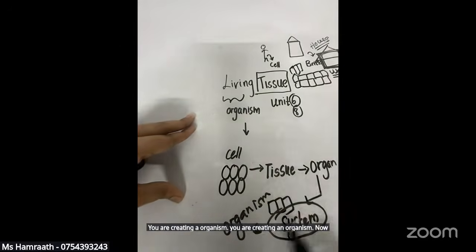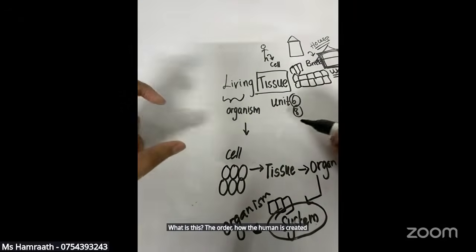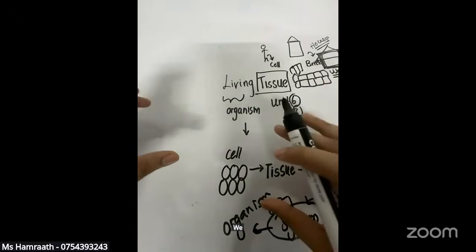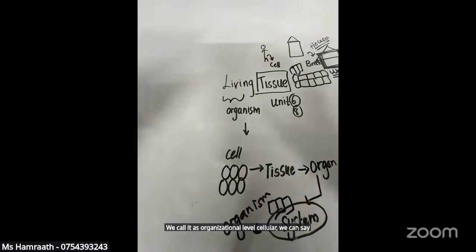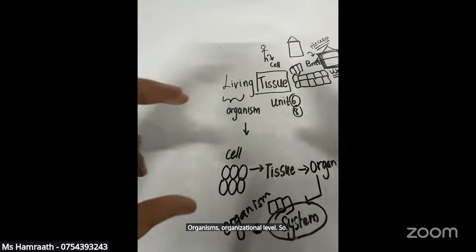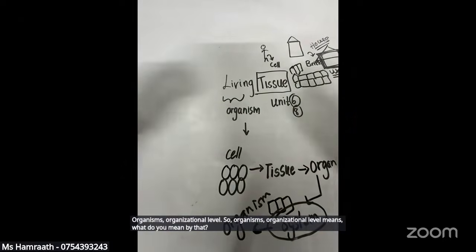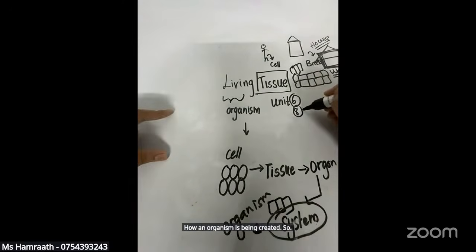Now, what is this, the order of how the human is created? We call it the organizational level of organisms. What do you mean by that? How an organism is being created. You studied this in Unit 8.